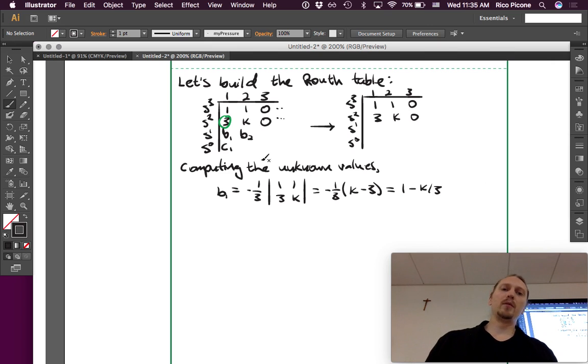Okay, so there's B1, so that one's done, so we can just stick that right in here, right? 1 minus k over 3, that's the first one.